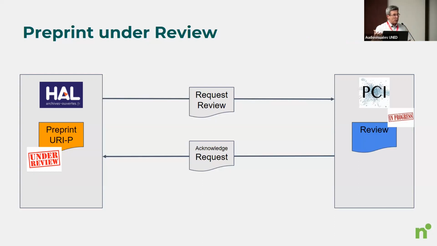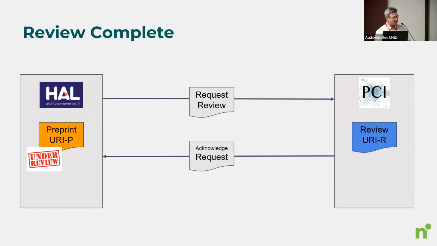PCI, on the other hand, could also advertise the very similar picture by saying, you know what, I'm currently busy reviewing the manuscript that is hosted at HAL over there, right? That already is, from our point of view, value added to the scholarly communication landscape depicted by this very, very simple two-entity example, right? So that's already a connection that didn't exist before, and that's already value that we can add to the individual parties playing Notify.